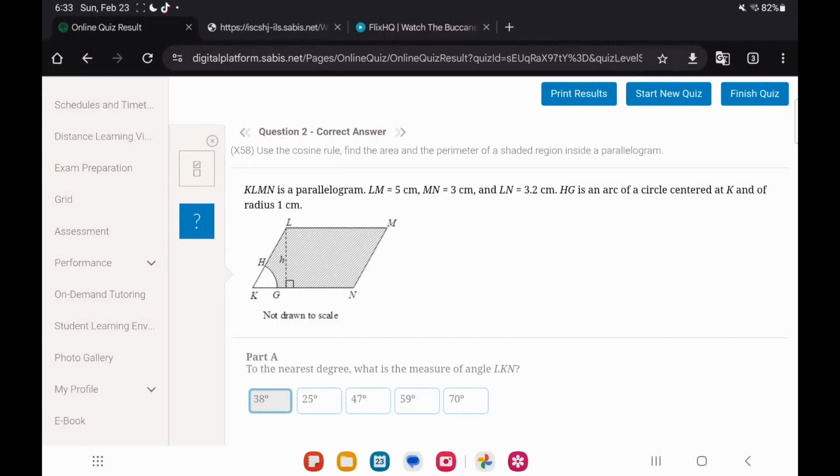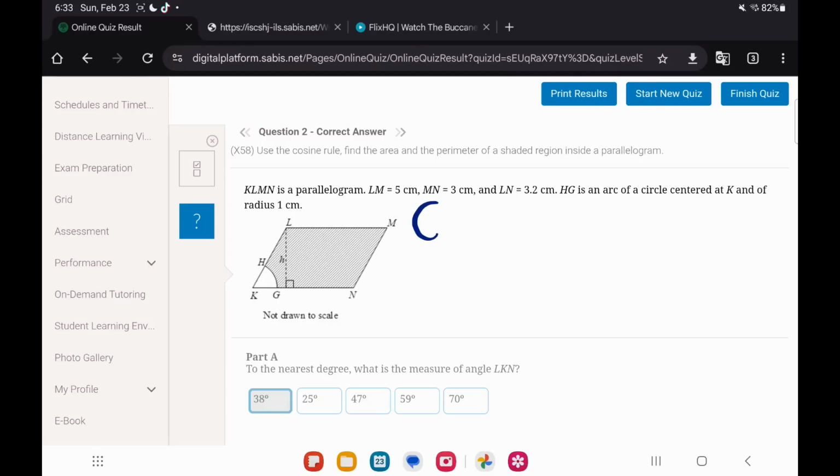Okay, question number 2. This has come so many times in the AMS quiz, so I'm pretty sure all of us should know it. If you don't, maybe you've been skipping school for the past 3 weeks, but it's fine, okay? I'll just skim over it very quickly. So we use the cosine rule for this question.